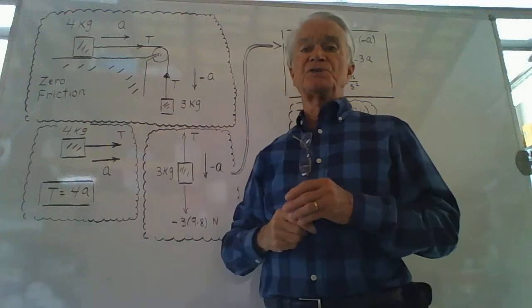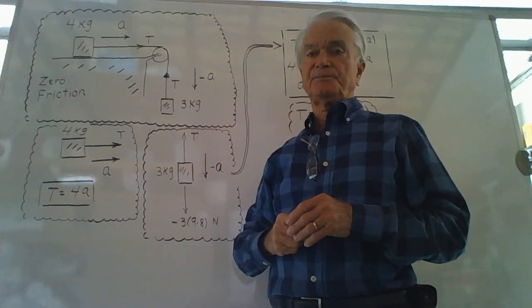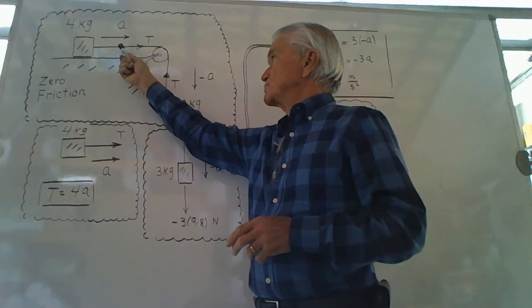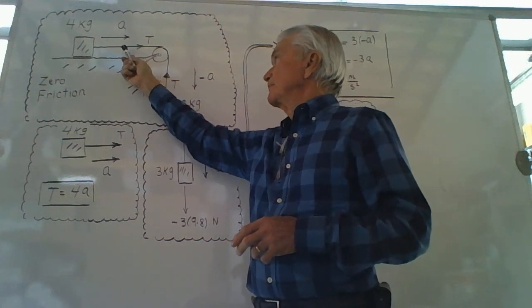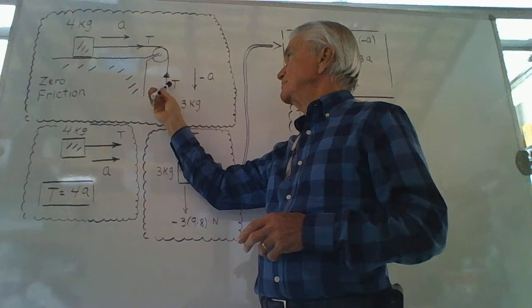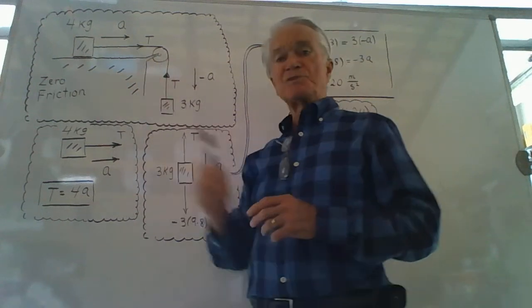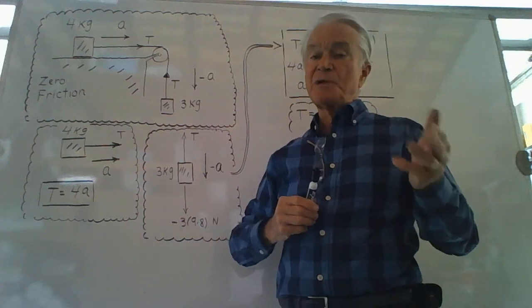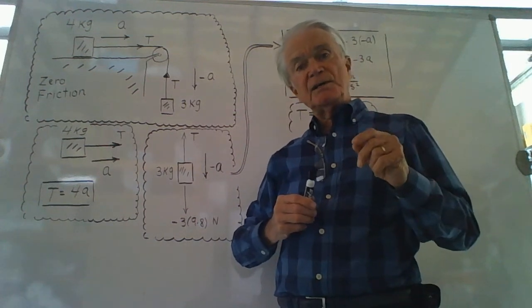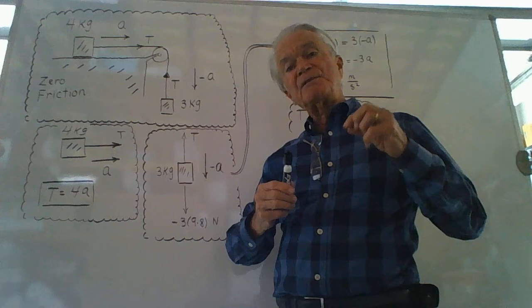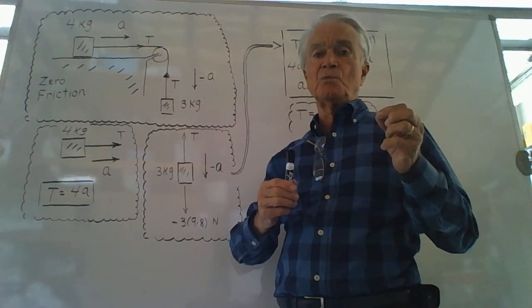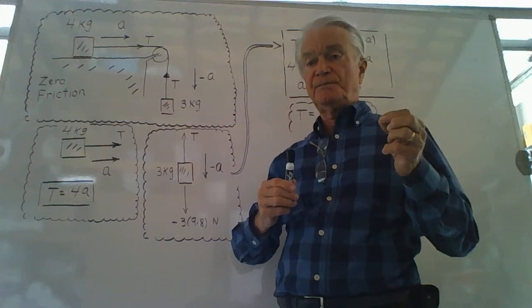is the tension in the string. There's one tension, and it's the same everywhere along the length of the string. The tension, you may recall, in a string equals whatever force either end of the string exerts on what it's attached to.